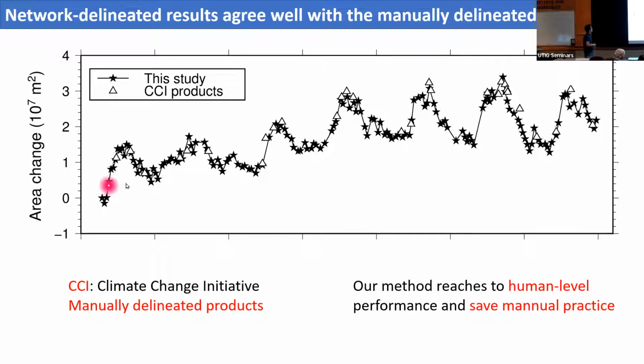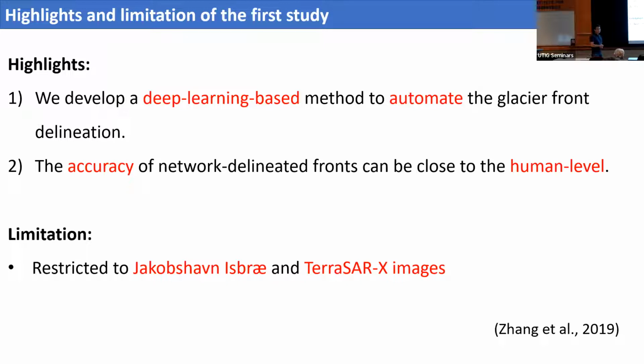We can see that our results agree well with these CCI products, which are manually delineated products. So yes, our method can reach human-level performance and save manual practice. The highlight of this first study is that we do automate the terminus delineation based on deep learning and save manual practice, and the accuracy of the network-delineated terminus can be close to human level.